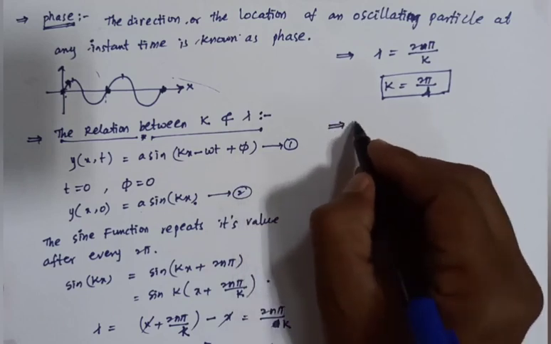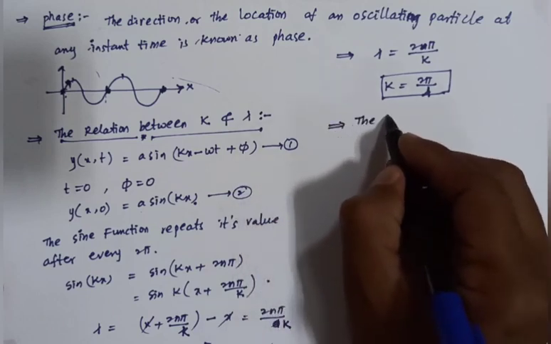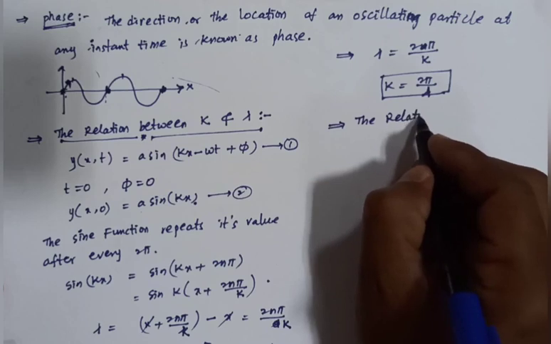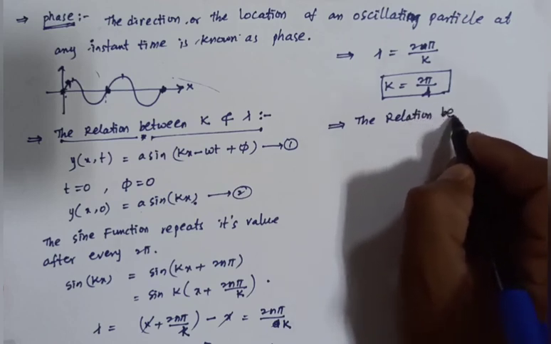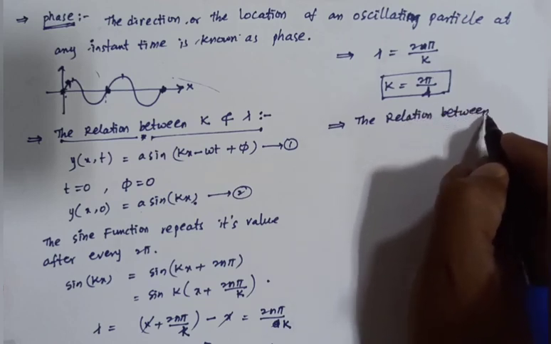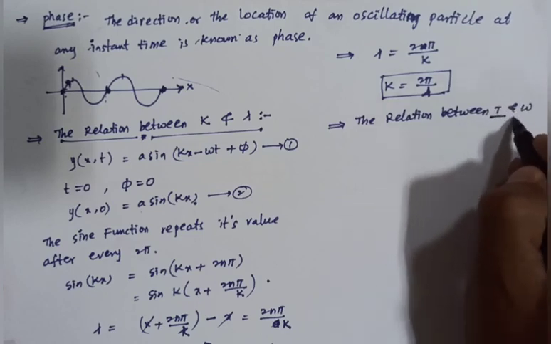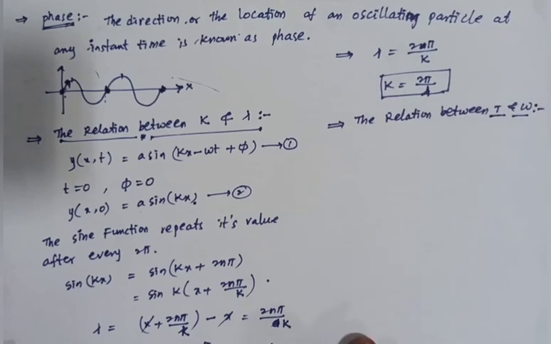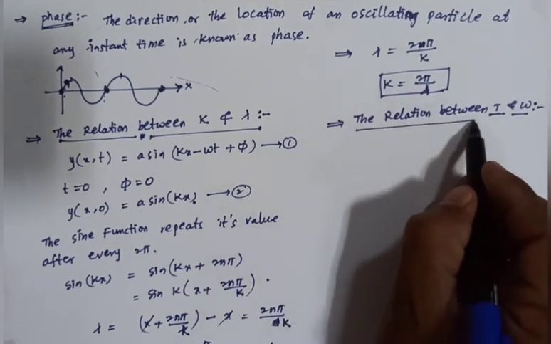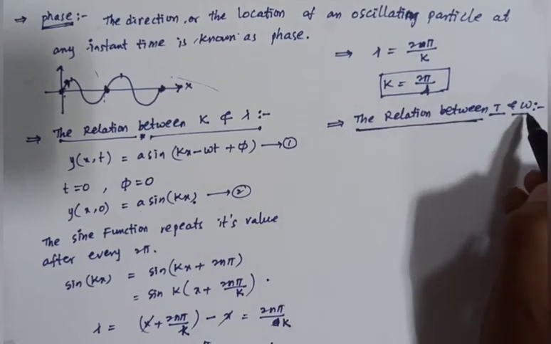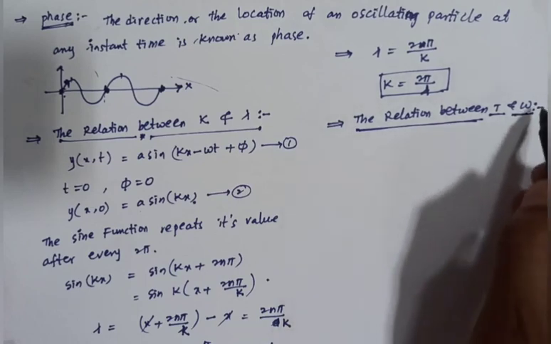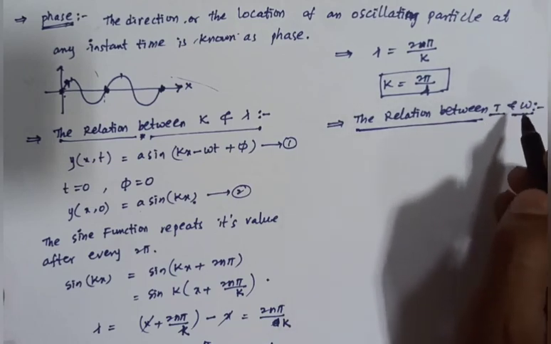Next, the relation between T and omega. T denotes the time period, and omega is the angular frequency.